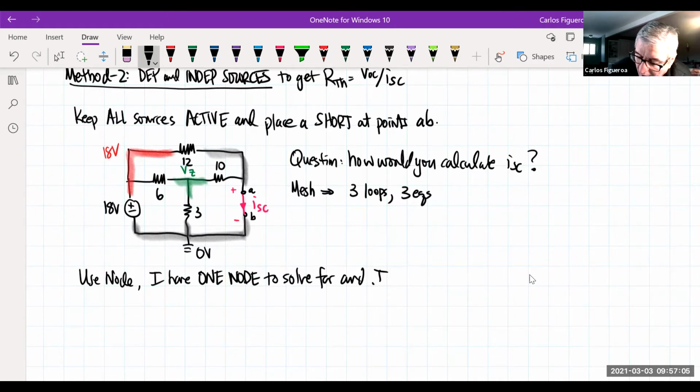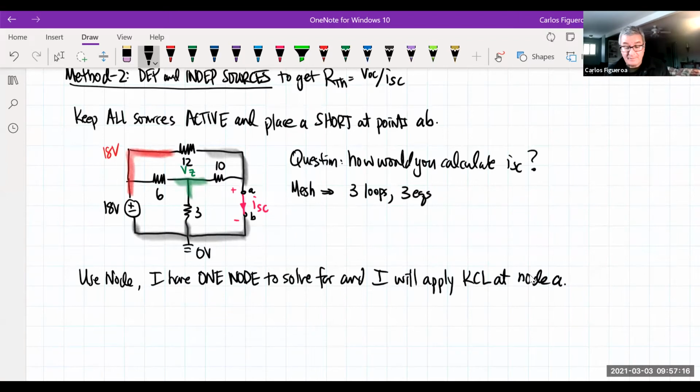And I will apply KCL at node A. When I look at node A, if I calculate what node VZ is, then the current is going to be what? I got the current of the 10 and the current of the 12. KCL then says that 10 plus 12 gives me I short circuit. So let's go do that.